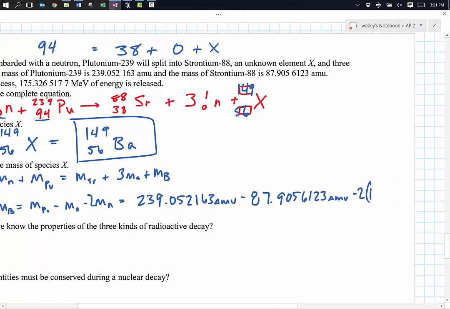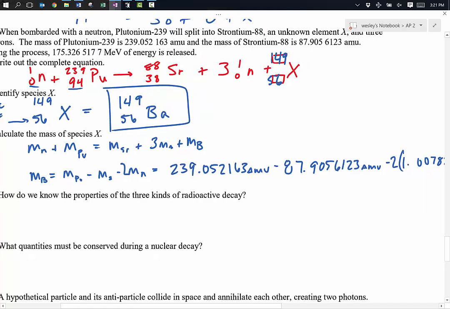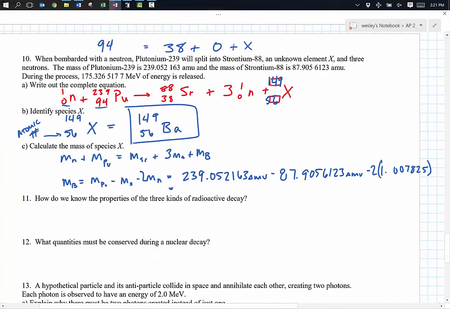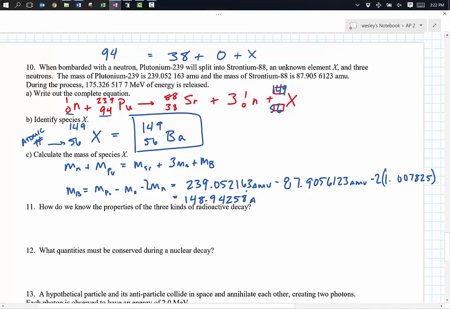The mass of a neutron is 1.007825. Whew. So let's zoom out a little bit. That makes the mass of our barium 148.94258 atomic mass units. That's the mass of my species. There we go. That's all we're going to do. We're going to leave it like that.